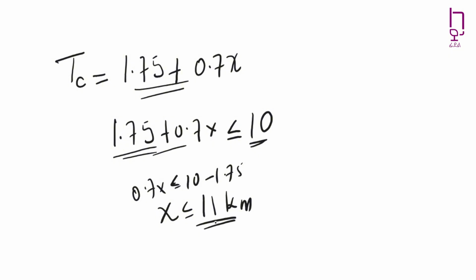What this means is that for the amount of money she has, she can only take a taxi for 11 kilometers. If we go up to 11, it definitely won't exceed 10 birr, in other words. So the answer is she can only go up to 11 kilometers for the 10 birr she has.